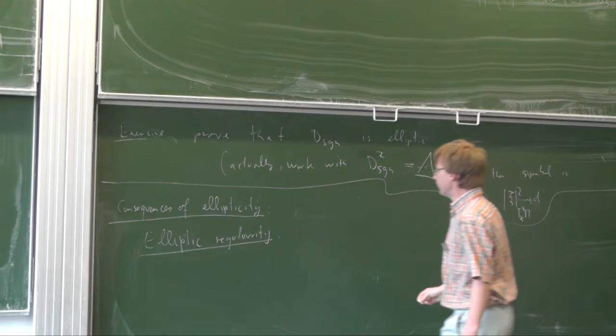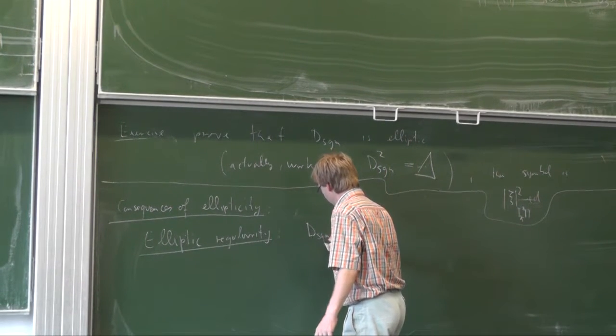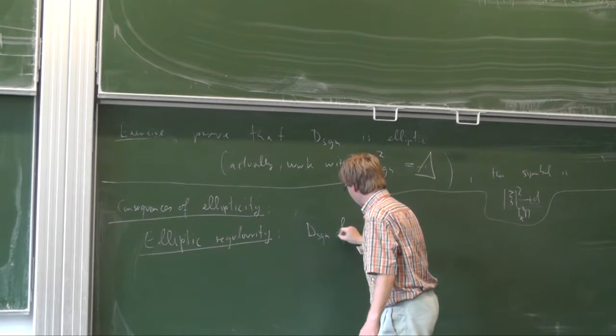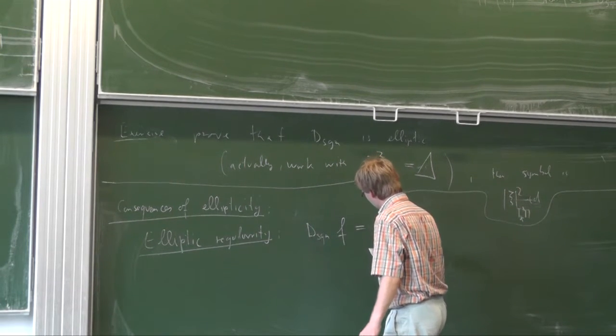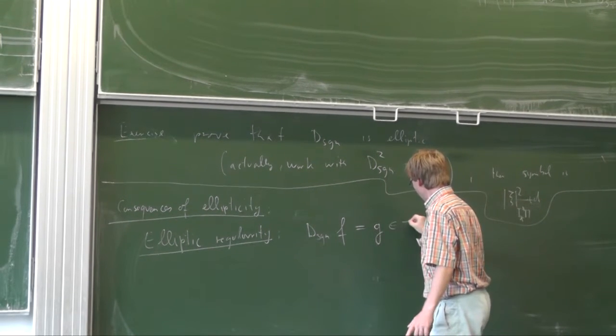And this says, let's apply it to the signature operator: if the signature operator applied to f gives us something else, which happens to be smooth.